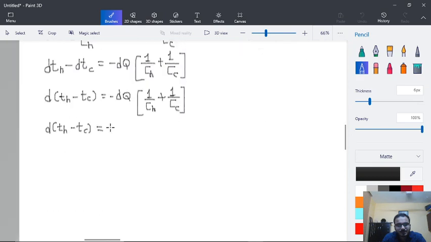So here minus U dA (TH minus TC) into 1 over CH plus 1 over CC. So finally what we can do, we can take this temperature on the left hand side.